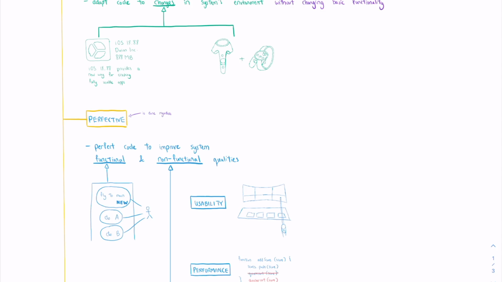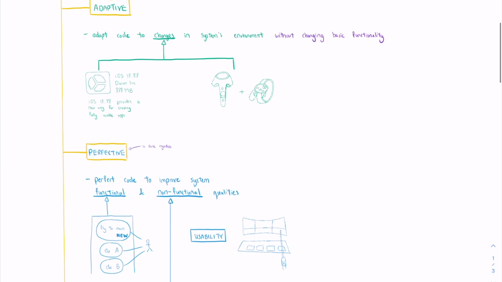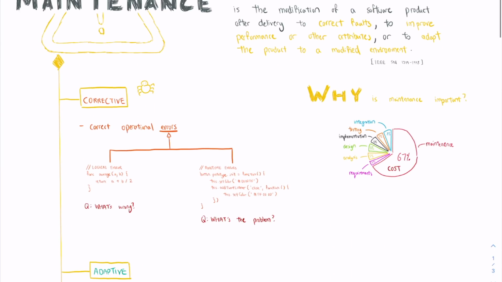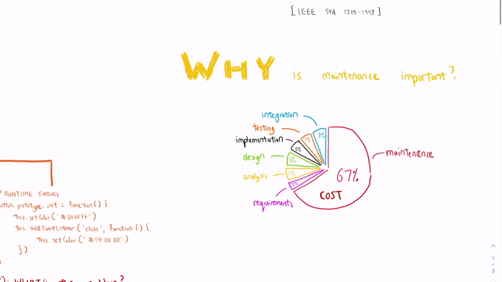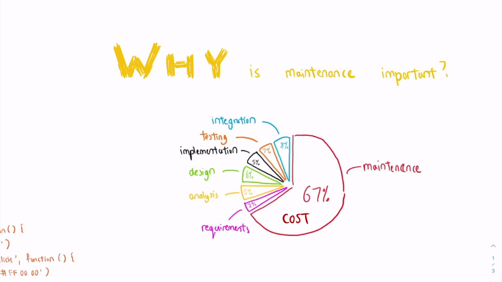Before we delve a bit deeper into these constituents of maintenance, let's establish the main reason why maintenance is important. We see this pie chart, where the percentages represent the cost, as usual.